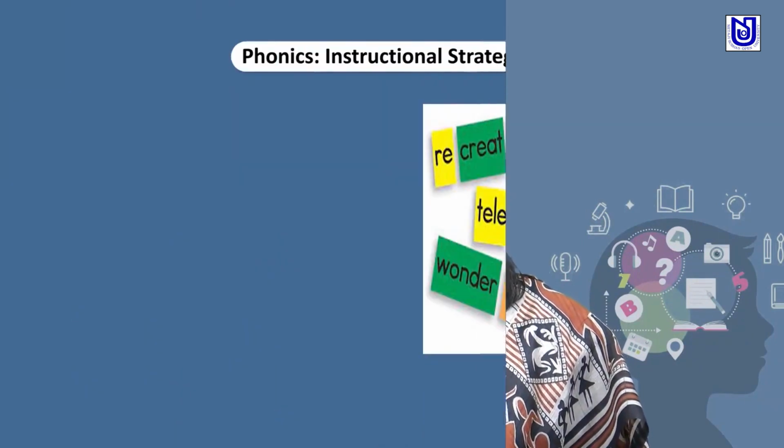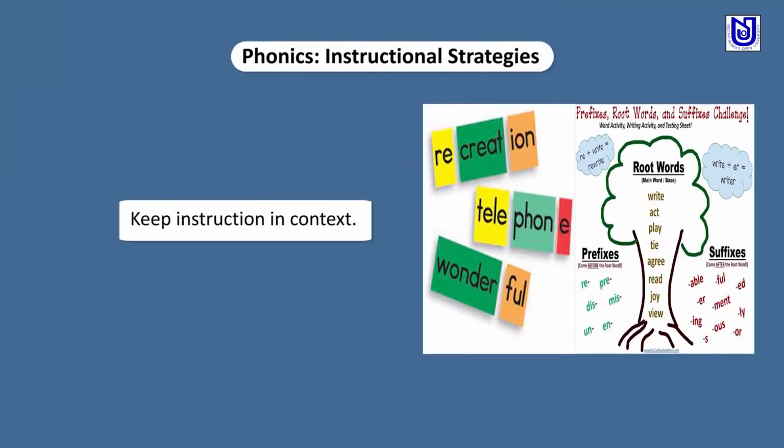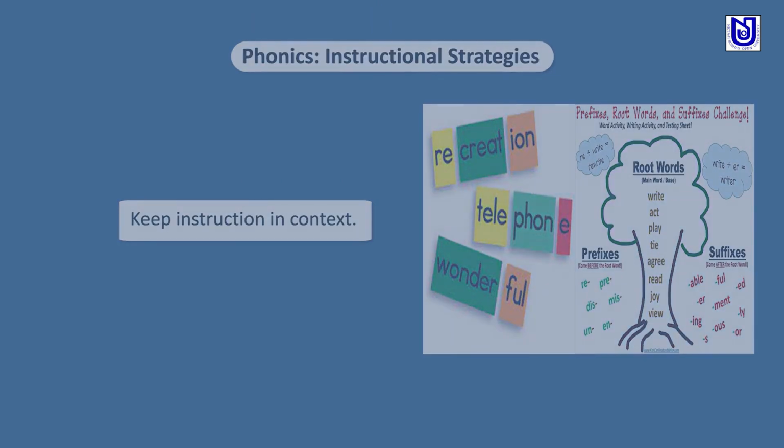Similarly, if we add the suffix able to the root word, it becomes writable. So, this kind of words can be taught and practiced more often to make the child fluent in their spelling and pronunciation. So, keep instruction in context also.